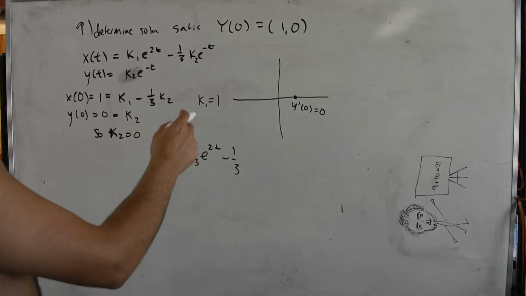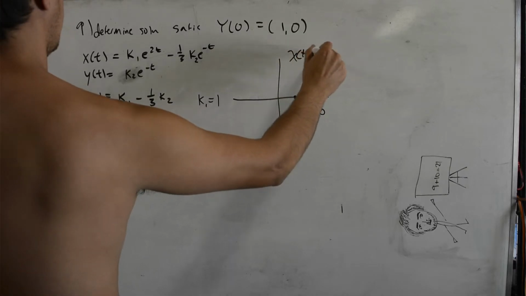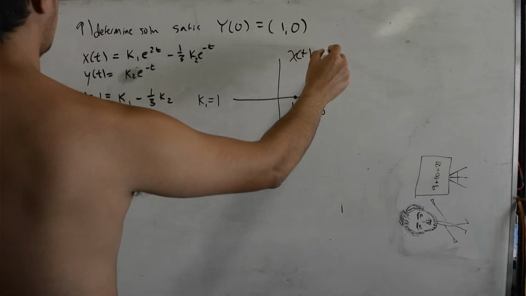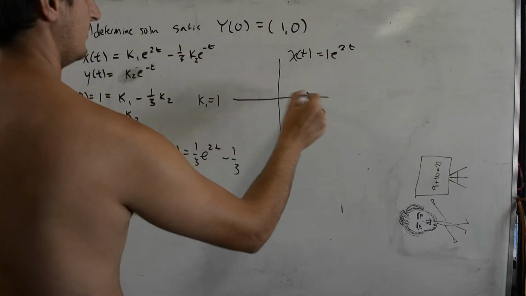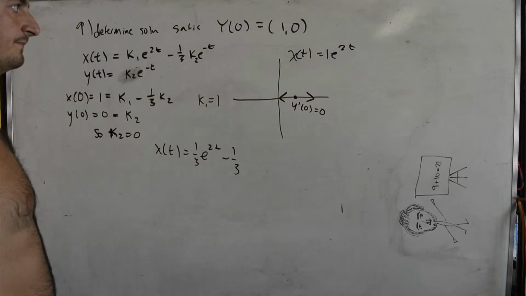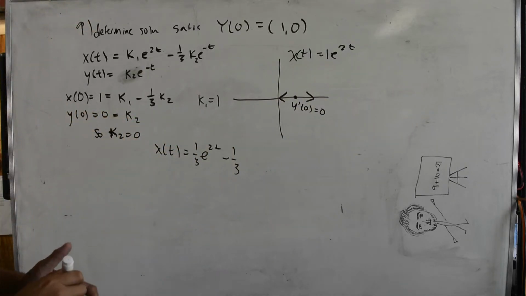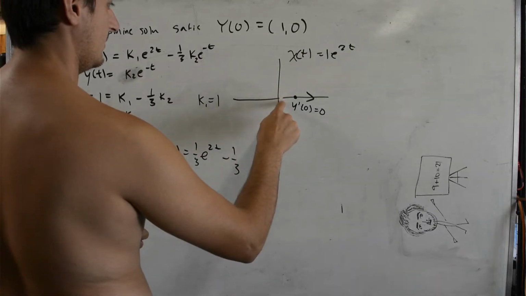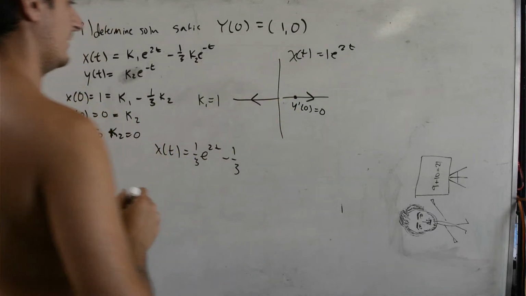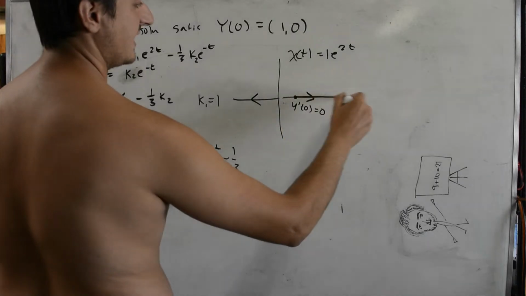So I'm pretty sure this is the case. So then the behavior of the system is going to be x of t is equal to 1 e to the 2t. So that just corresponds to going away from this equilibrium. So the solution curve just looks like this guy going along this way.